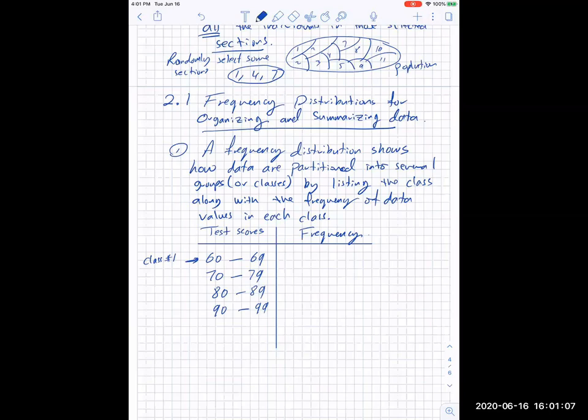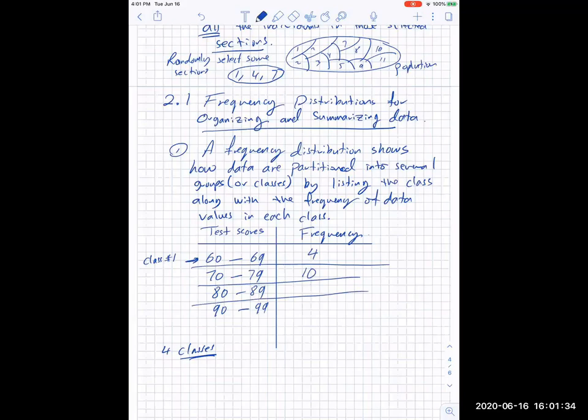So here I have 4 classes or groups, and for each class there is a frequency, which means the number of values within each class. So let's say here 4. In the second class, let's say 10.